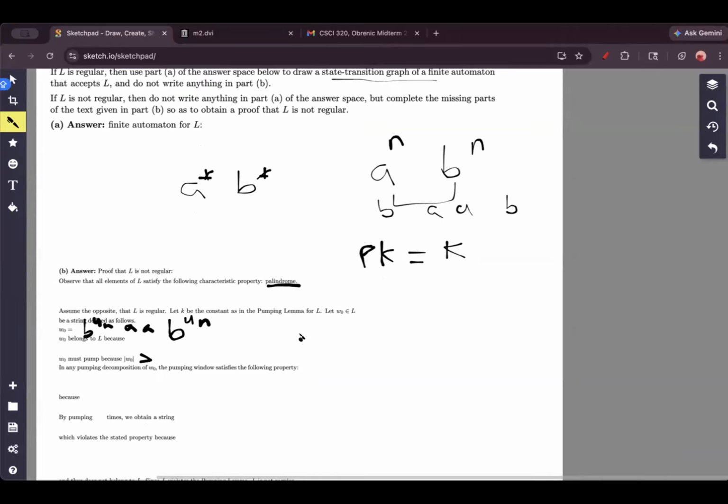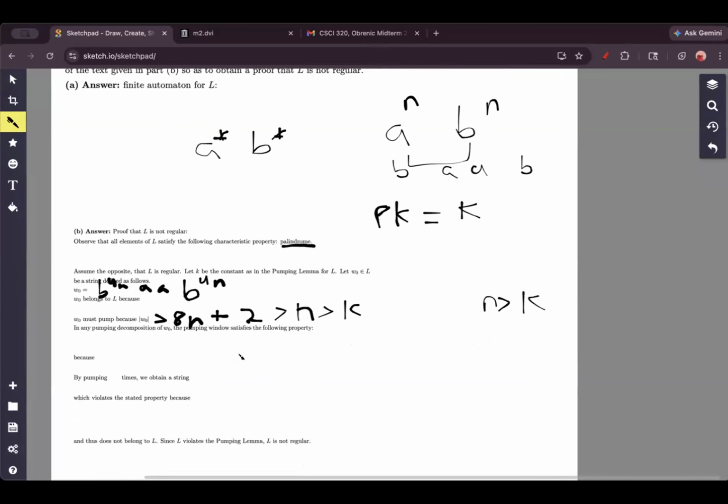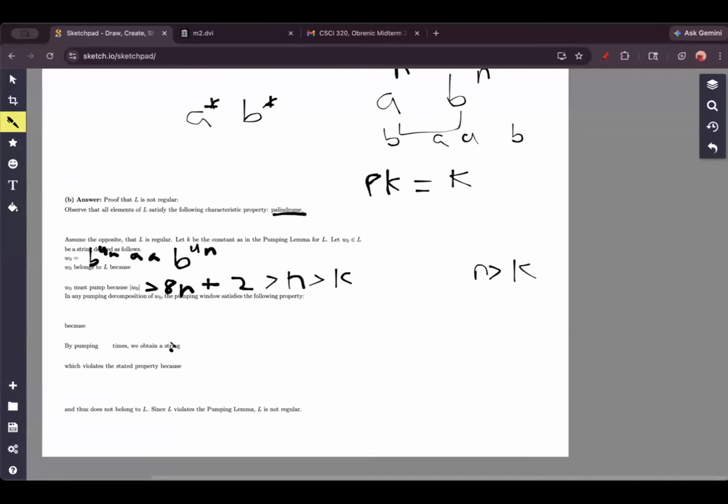So you're going to set N greater than K. And when I combine these, it's 8N plus 2 because of these two A's, which is greater than N, which is greater than K. But you get to decide the string that belongs to L, and make sure to pick arbitrary numbers, so that when you pump it, it's going to show that it's not regular.